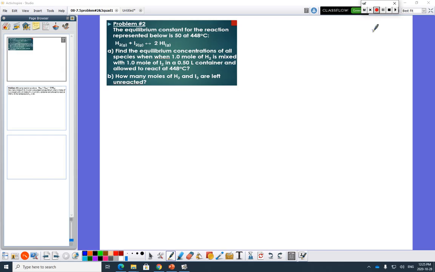So you have the equation, and this time the KEQ value is 50. It asks us to find the equilibrium concentrations, so we have to use an ICE table. E stands for equilibrium.